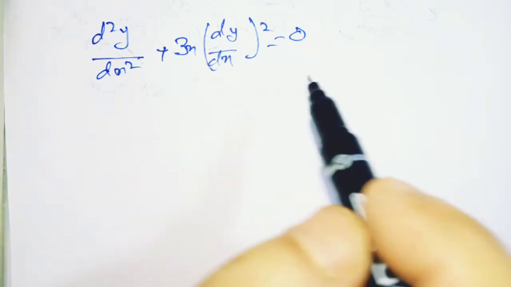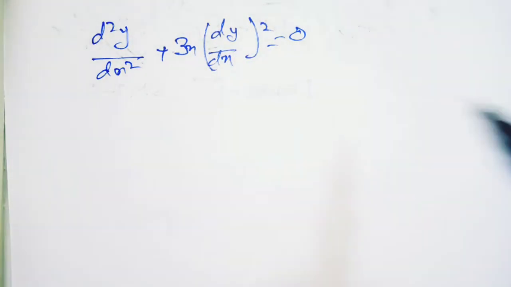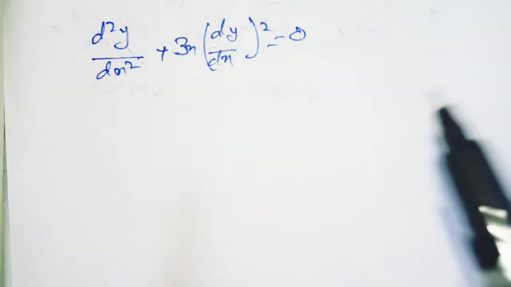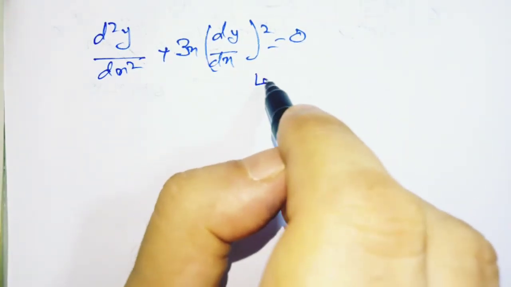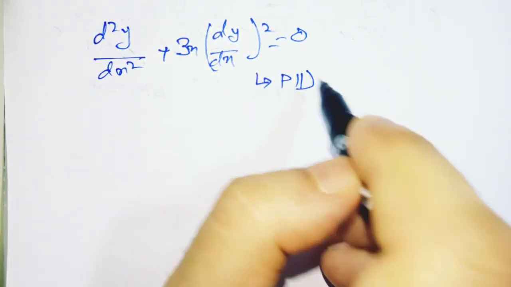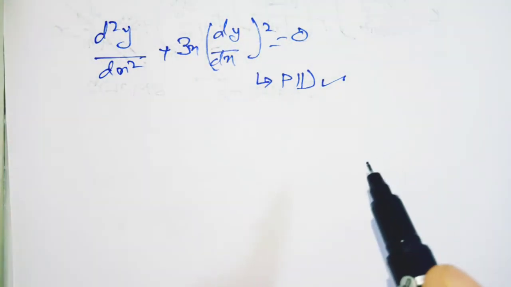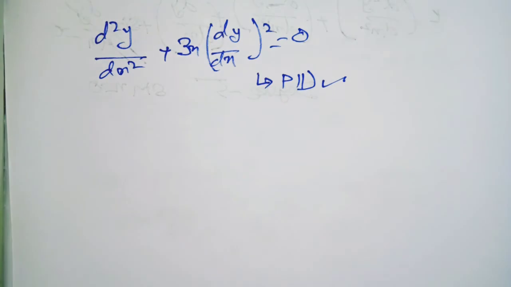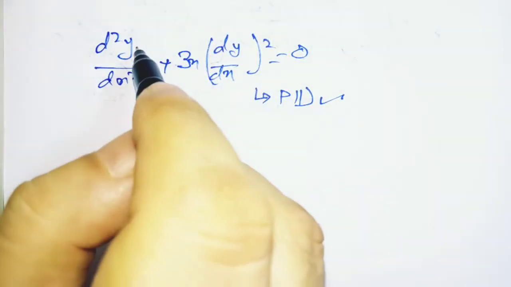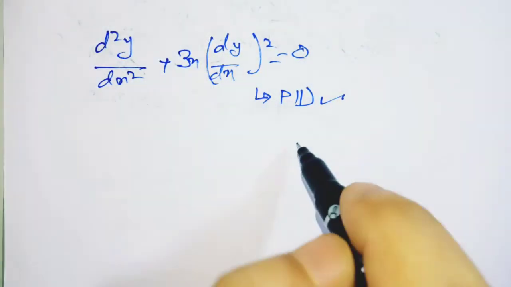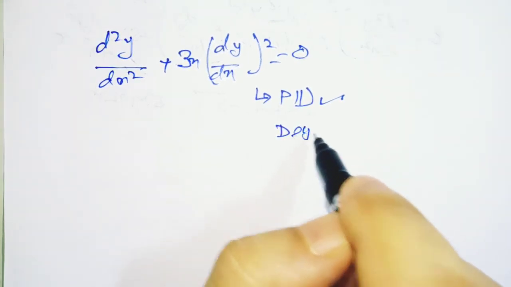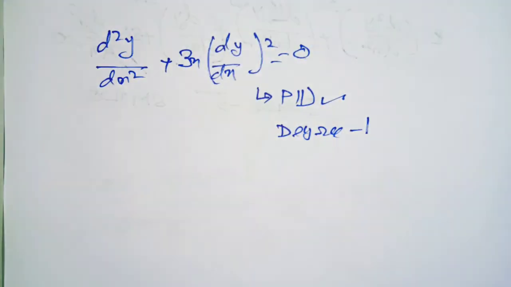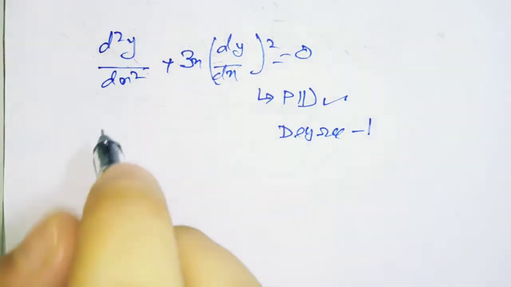It has not got any of those things like sine, cos, log, etc. So yes, it is a polynomial in derivative. That is true, right? So what is the highest power raised? This one. So the highest derivative is d2y by dx2. So what is the power? Power is 1. So that means degree is 1. Clear? Degree is 1.